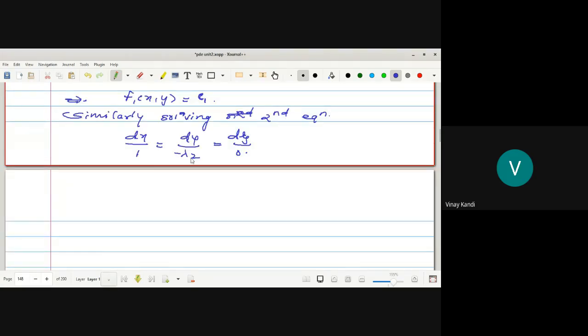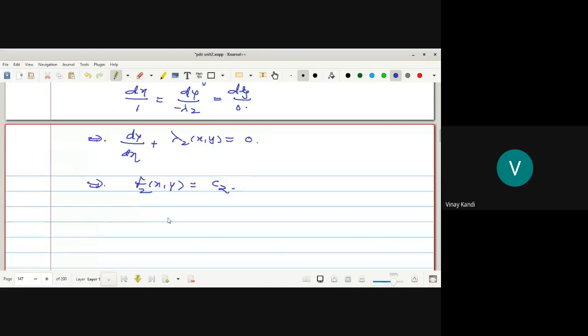Again we consider the first two ratios. That implies dy by dx plus lambda 2 of xy is equal to 0. After integrating, we get F2 of xy equal to c2.